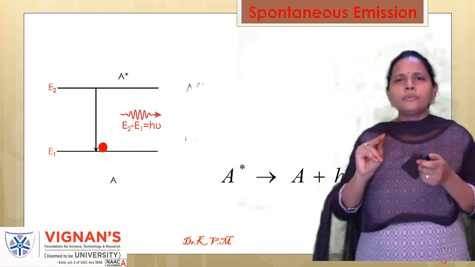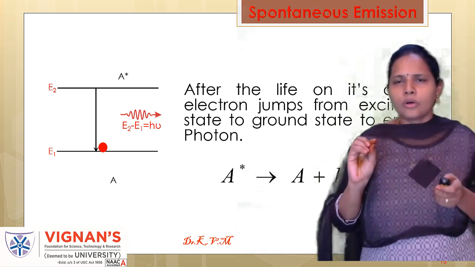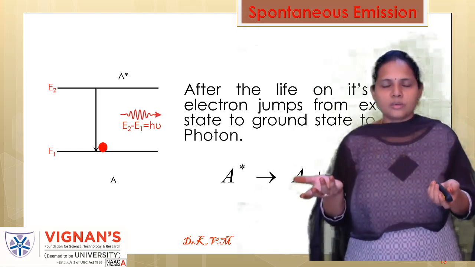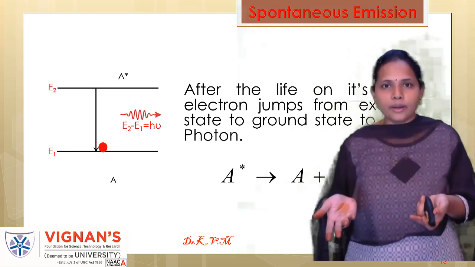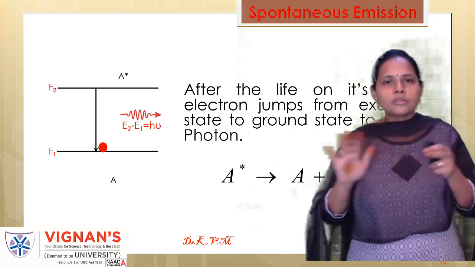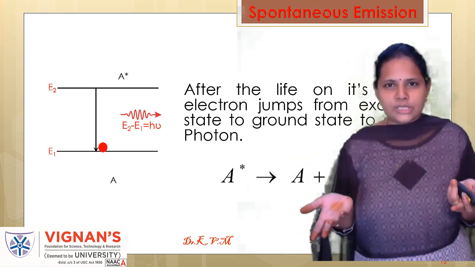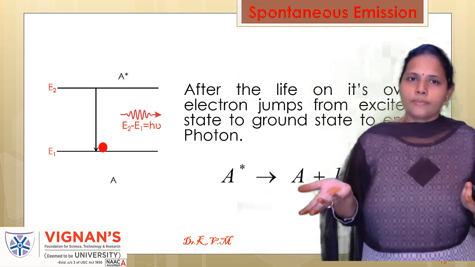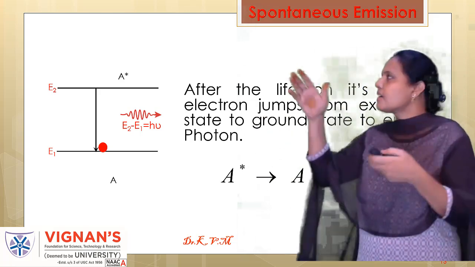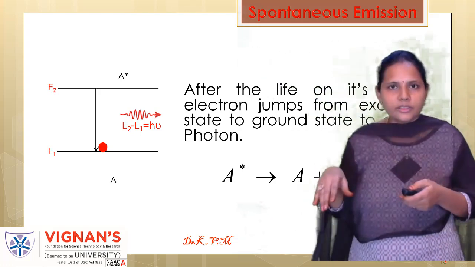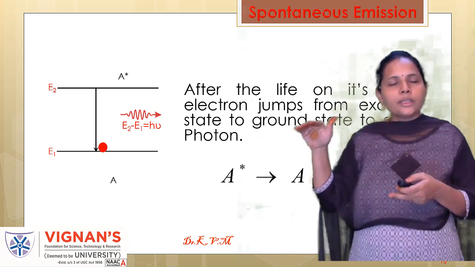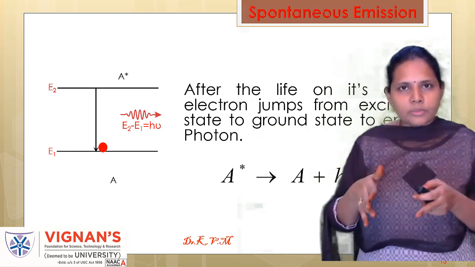The two important words in spontaneous emission are that the process is spontaneous by itself. It's random. We are not supplying it, and we are not stopping this process. So spontaneous emission is a random process. If I have 10 atoms in the higher energy state, they can go down immediately after finishing their lifetimes.